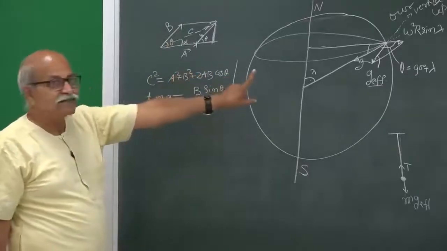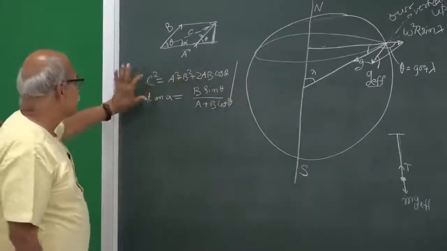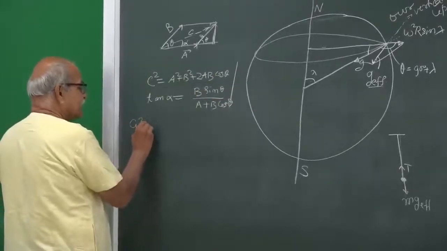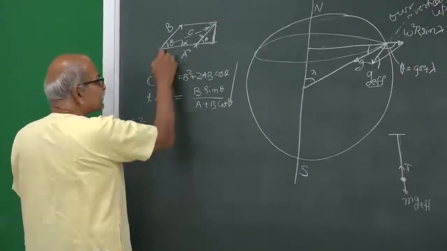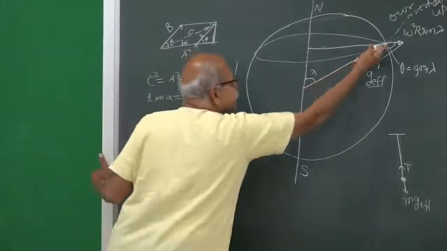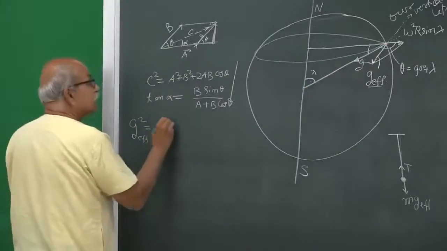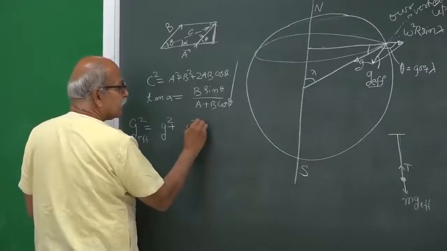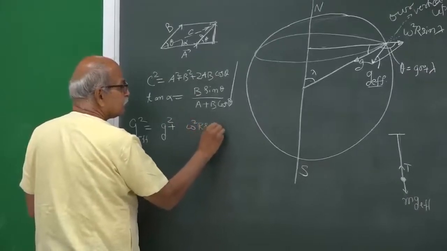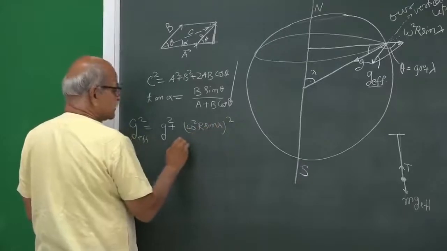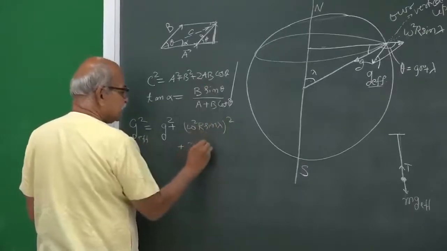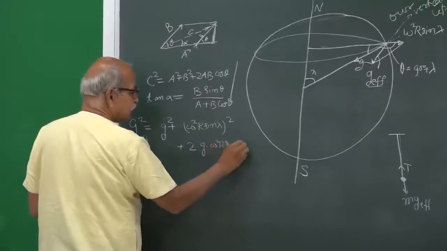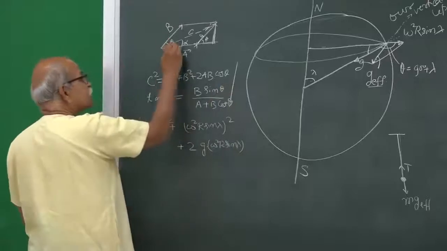Accordingly, let us apply it here. So, the magnitude of G effective square is equal to A square, first vector, let us say this vector G, then plus B square, that is omega square r sin lambda whole square, and then plus 2 times A B, that means G here, omega square r sin lambda here, and cos of the angle between the two vectors.